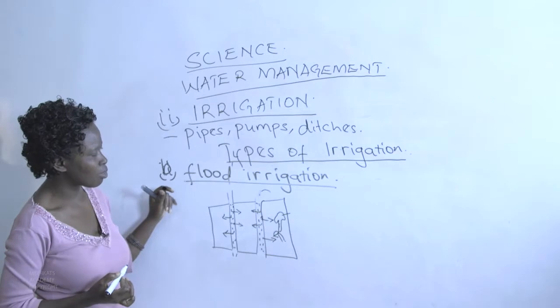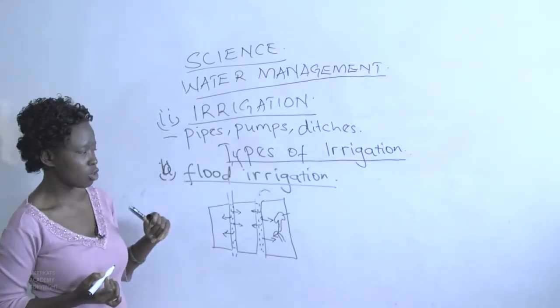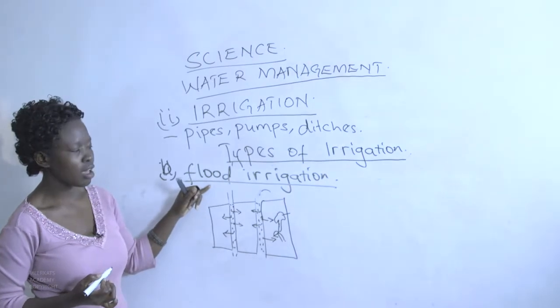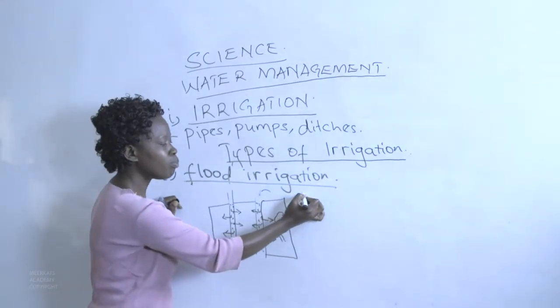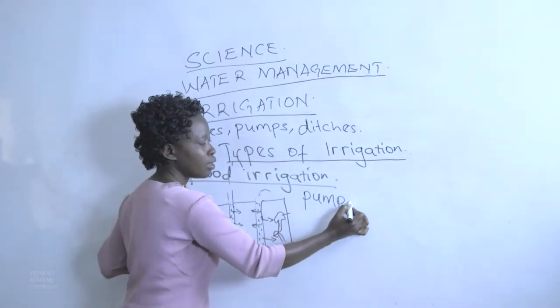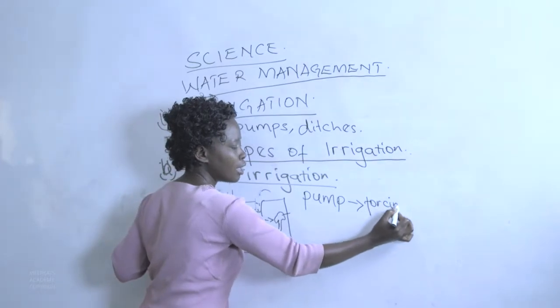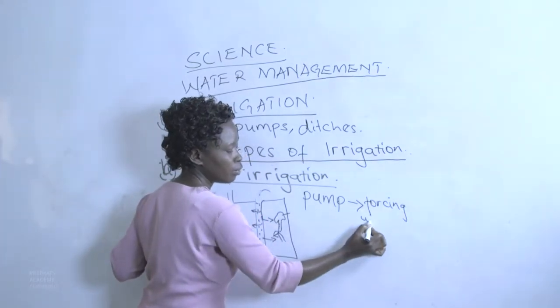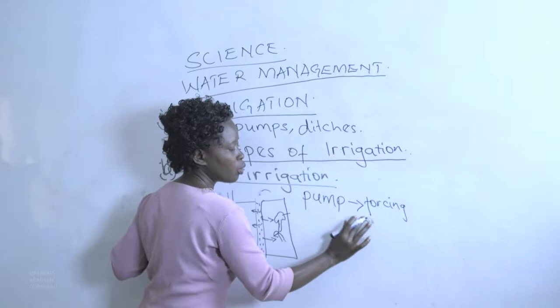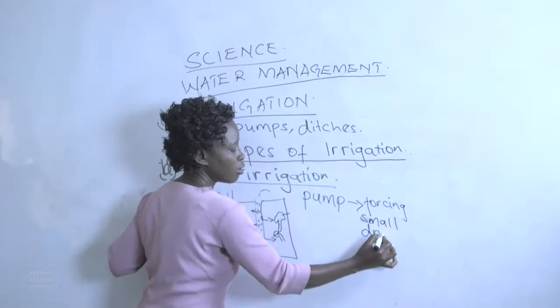So what is the difference between flood irrigation and spray irrigation? In spray irrigation, we are having a pump forcing out water. It is forcing out small droplets of water.